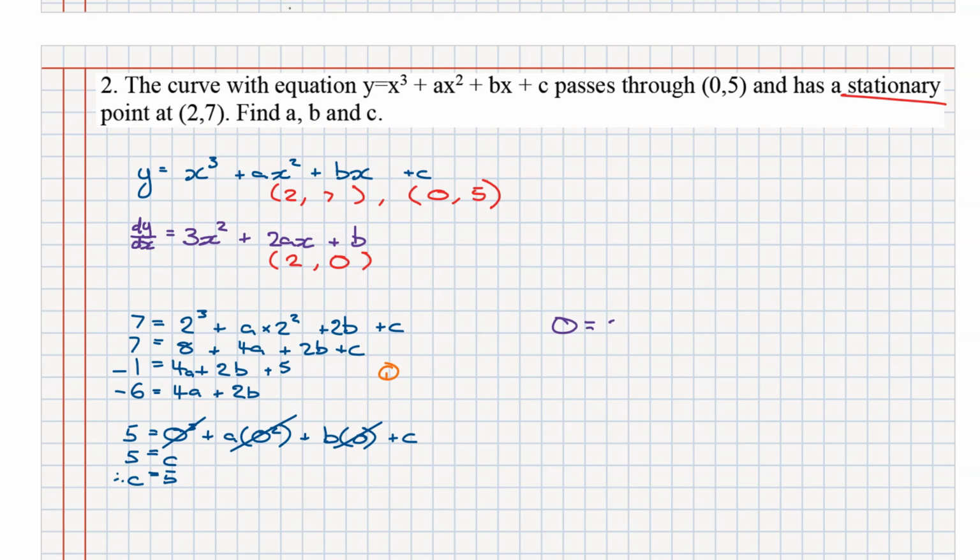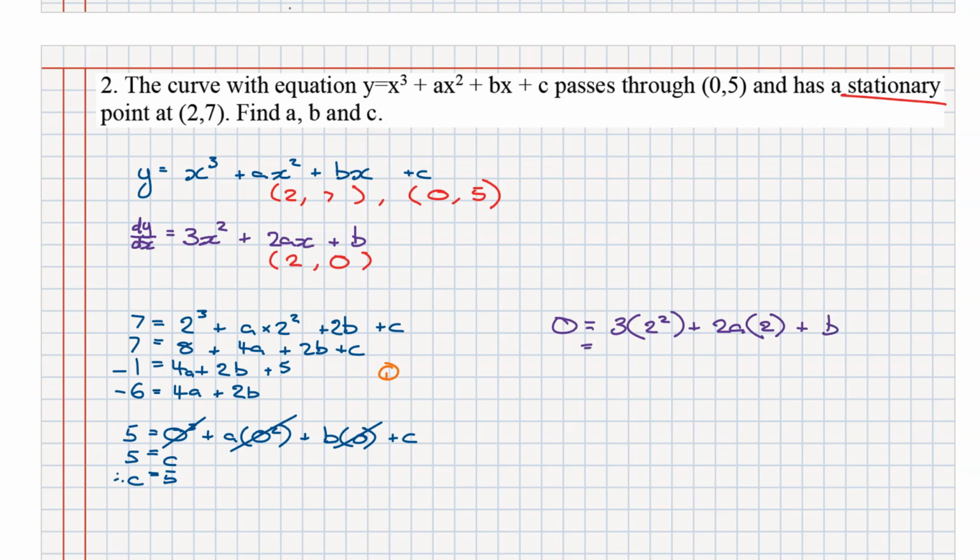So let's go again: 0 equals 3 times 2 squared plus 2a times 2 plus b.